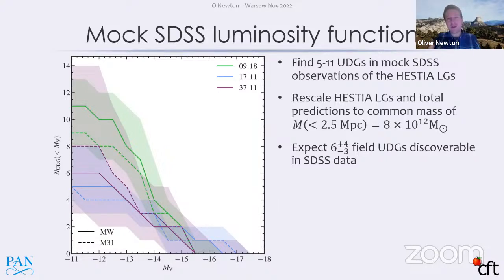The mass of the local group is known to affect the number of satellite galaxies you expect to find. So rescaling these luminosity functions to a common local group mass of 8 times 10 to the 12 solar masses, which we think is reasonable from various observations of the timing argument and some extrapolation to larger radii, we expect to find within 2.5 megaparsecs of the local group about 6 field UDGs that are in principle discoverable in SDSS data.